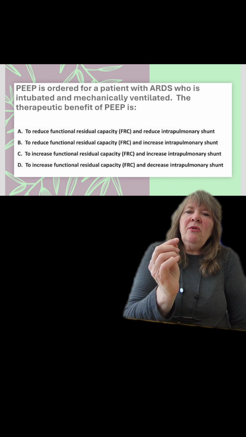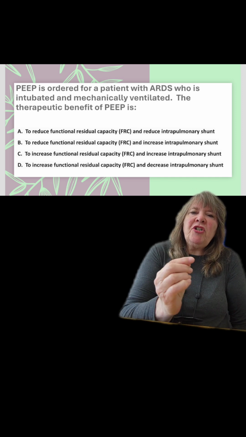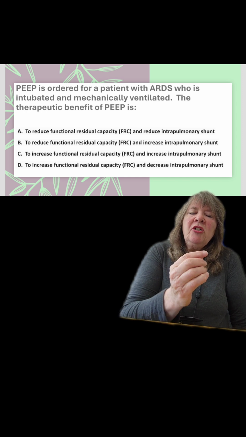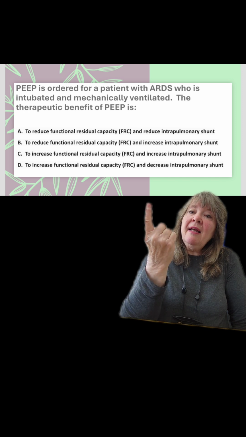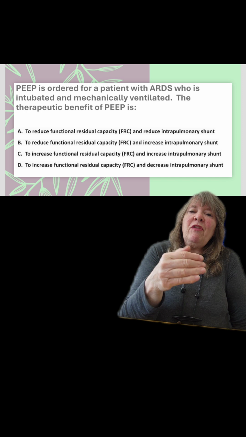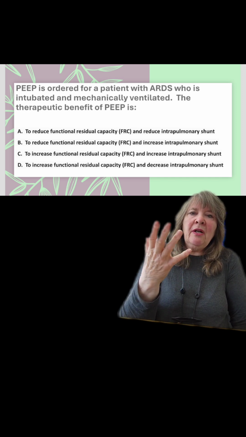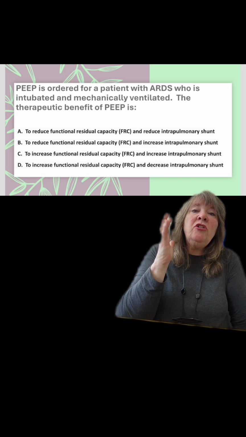So we have to use positive pressure. Positive pressure is used to treat an intrapulmonary shunt. So if the patient is intubated, like this guy, we're going to use PEEP. If the patient is not intubated, say they're on a mask, oxygen, we would then go to BiPAP.